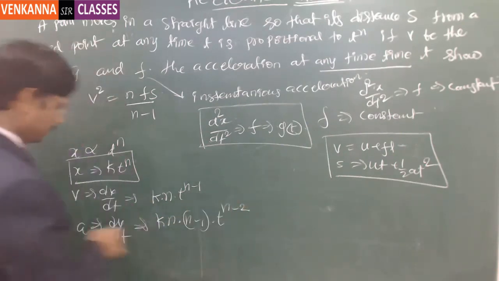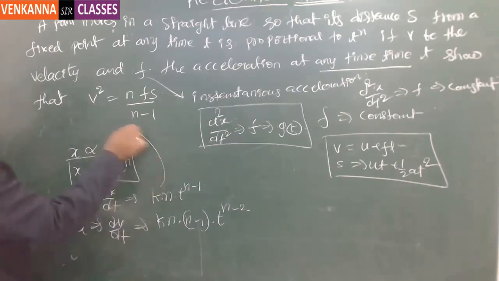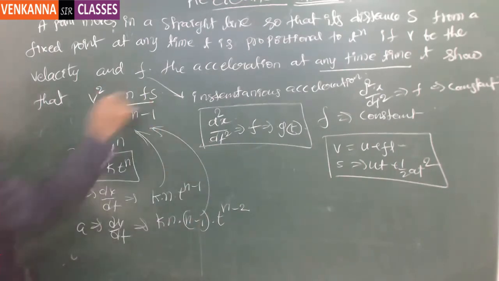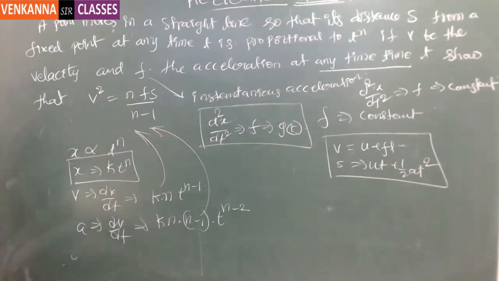This is the acceleration. Now you can substitute these values and arrive at this relation. Find the v square value and you will end up with the right side value. Got it? So note down one more.